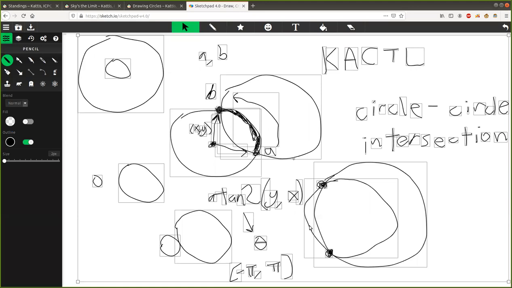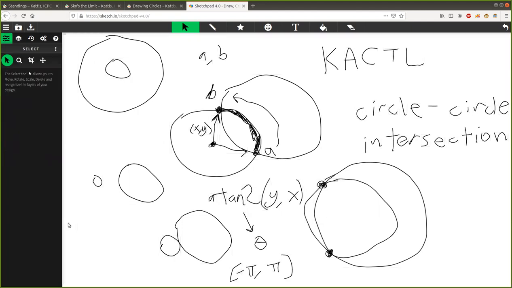I copied KACTL code. What was the second error? I think the second error was that I assumed atan2 returns the angle within 0 to 2 pi. I see. But it actually returns in the range minus pi to pi. So those are my two errors. Okay, cool.